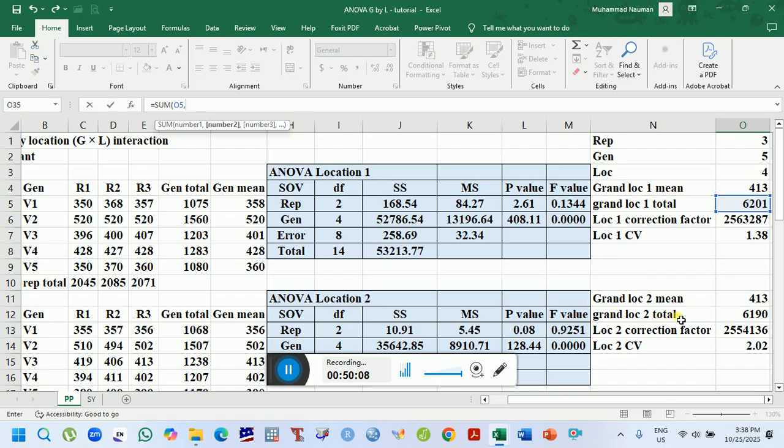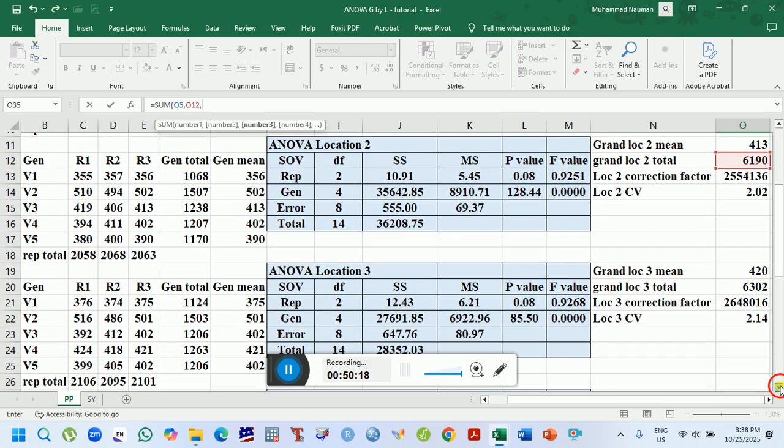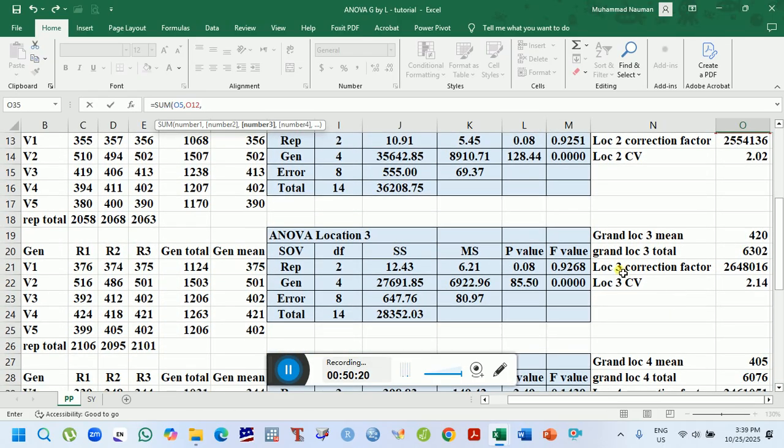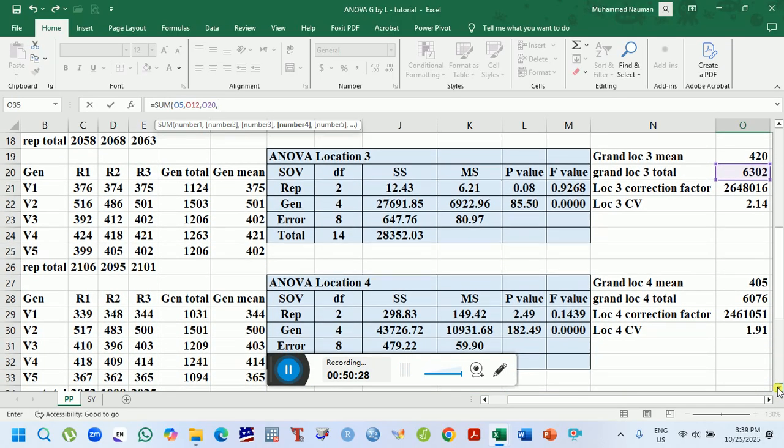After typing the comma, select the location 2 total. After placing the comma, select location 3 total, comma, and then location 4 total. Now close this in one bracket, and the whole term will be closed in one bracket in order to calculate its sum of square.